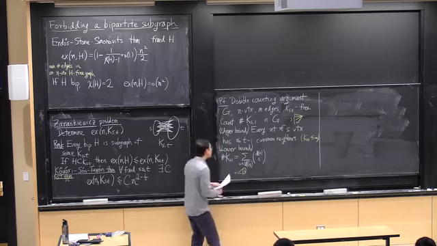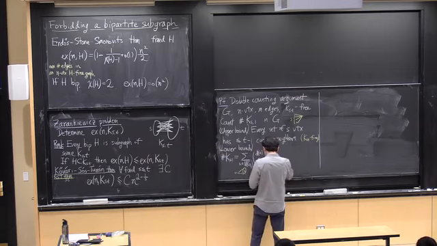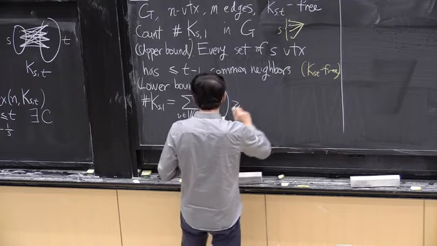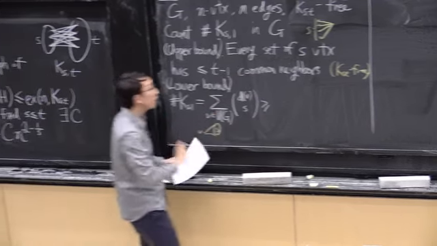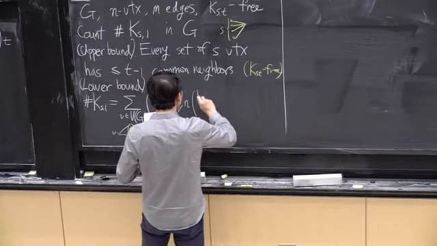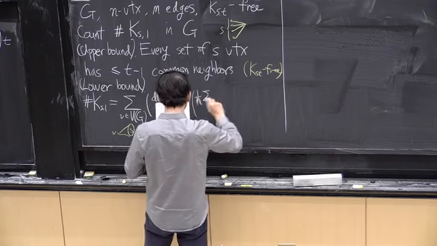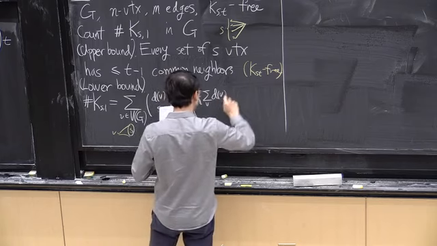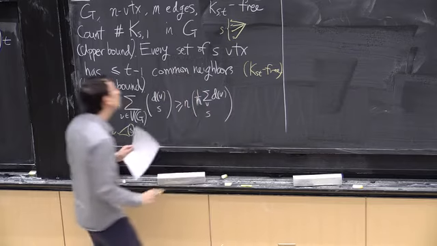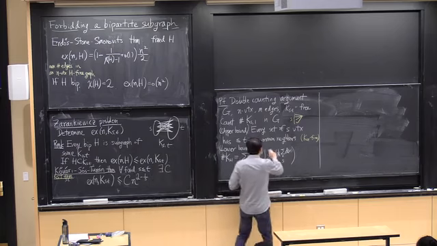By convexity, I can lower bound the sum by the average in some sense. Let me first write down the expression. So I can do a convexity argument that gives me this lower bound.